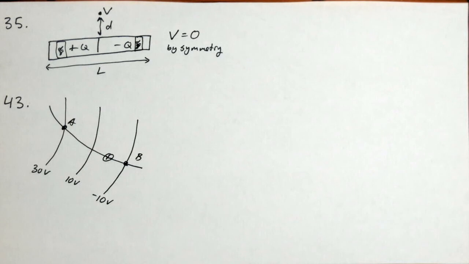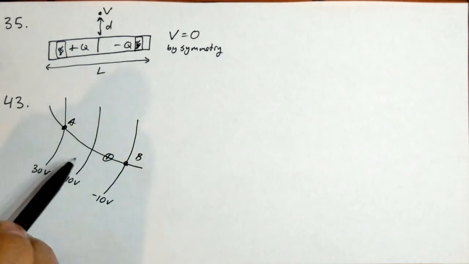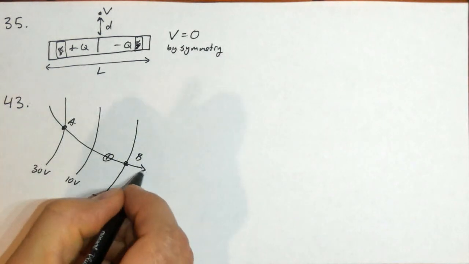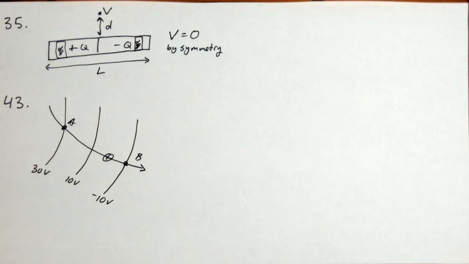All right, and we're asked, if we know the velocity of this proton at point A, and it's moving between point A and point B, what is its velocity at point B? How would we find that?